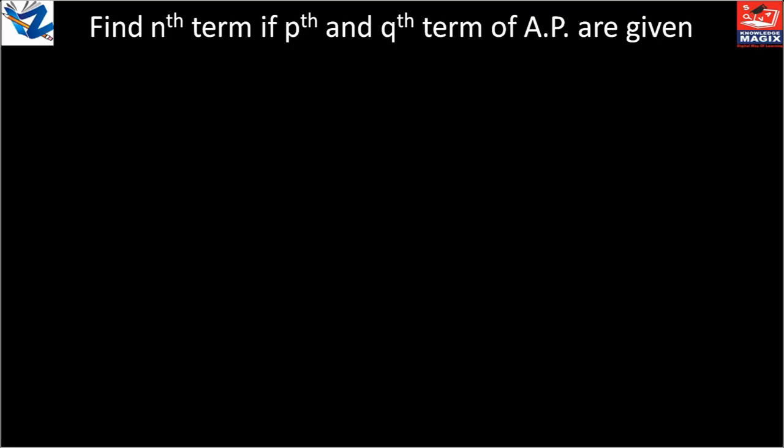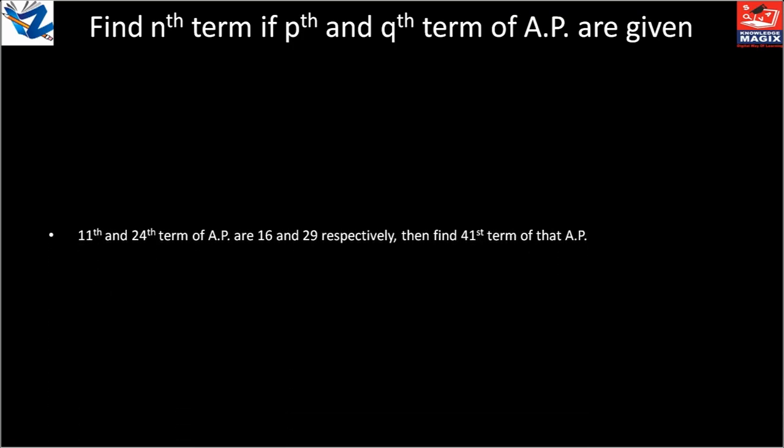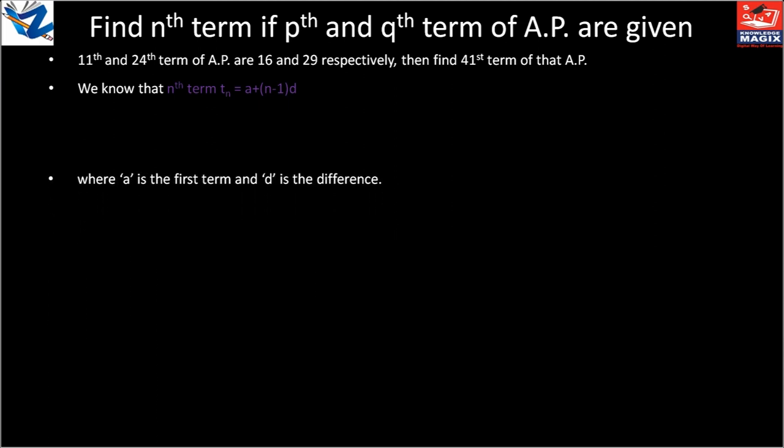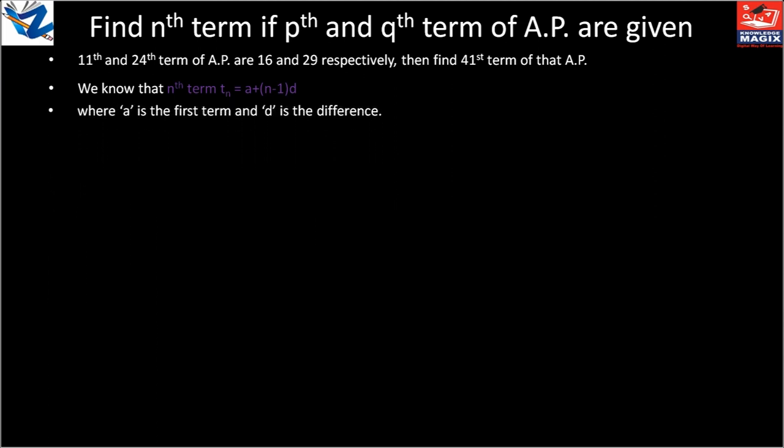Find nth term if pth and qth term of AP are given. Eleventh and 24th term of AP are 16 and 29 respectively. Then find 41st term of that AP. We know that nth term Tn is equal to a plus n minus 1 into d, where a is the first term and d is the difference.